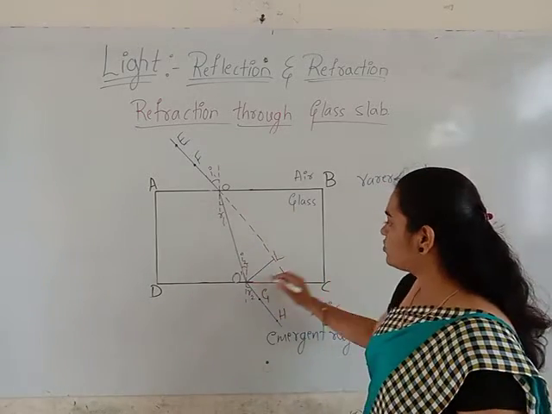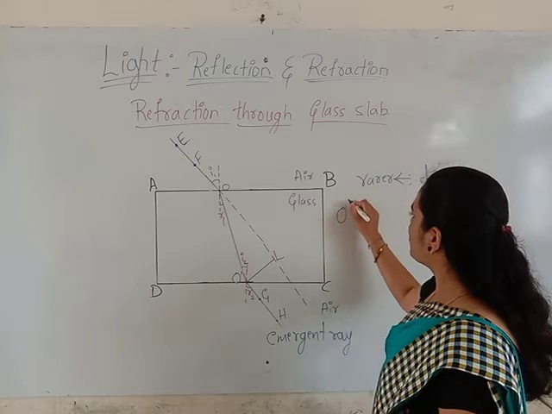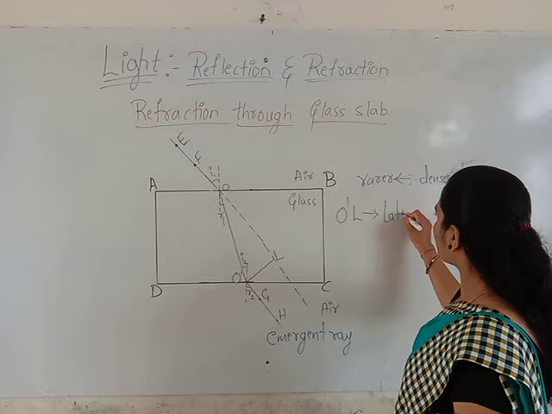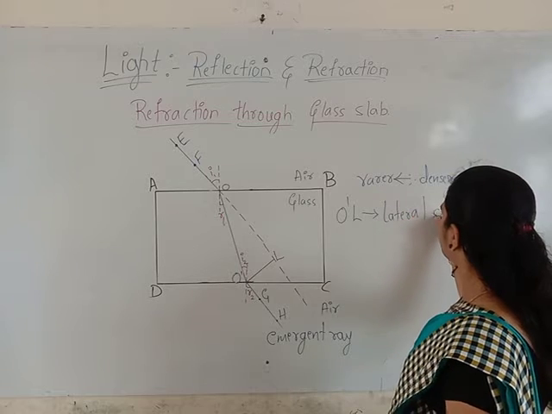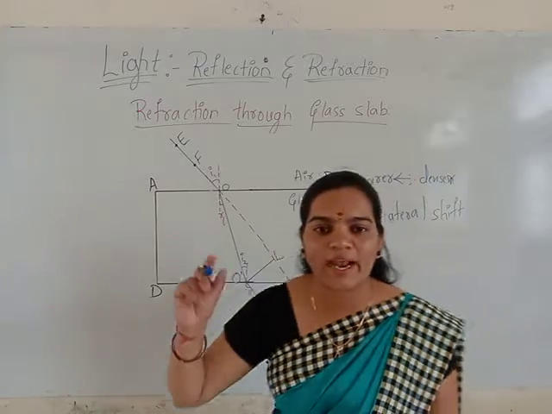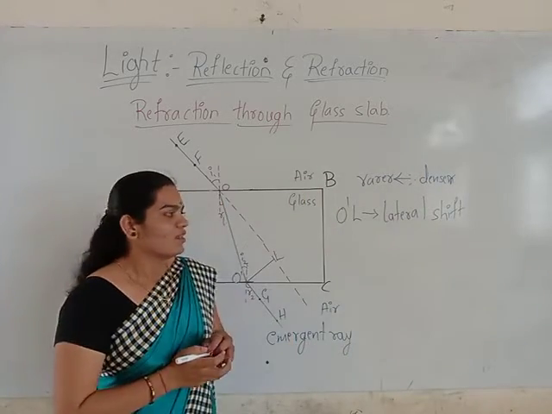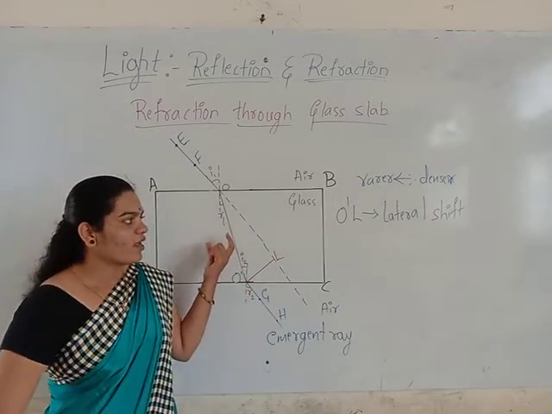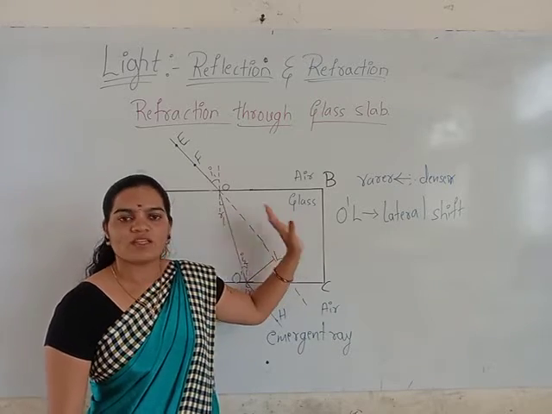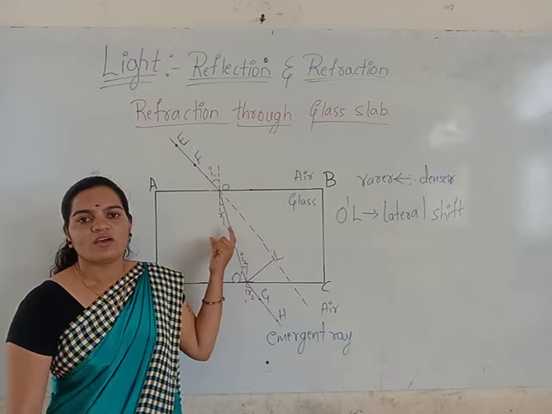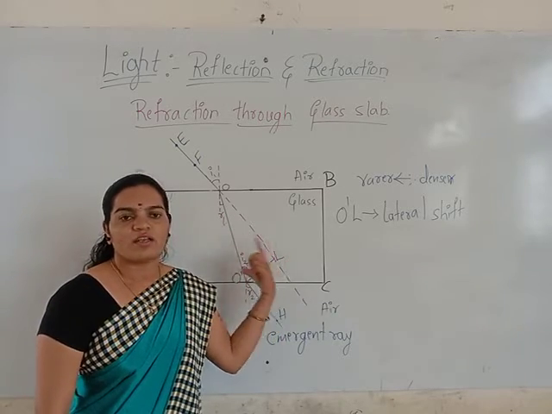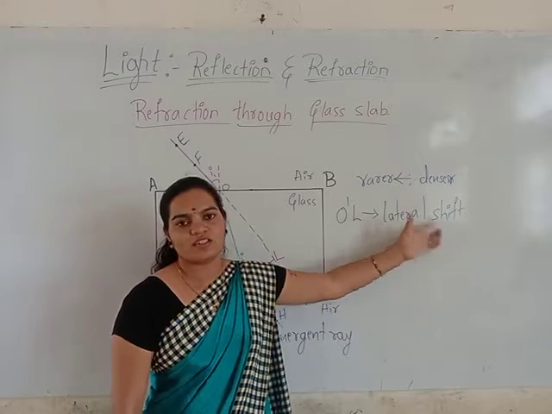Lateral shift, O dash L. It is called the lateral shift. So what do you mean by the lateral shift here? The refracted ray has been shifted from the original path. The shift it is taking from the original path, that is nothing but the lateral shift.